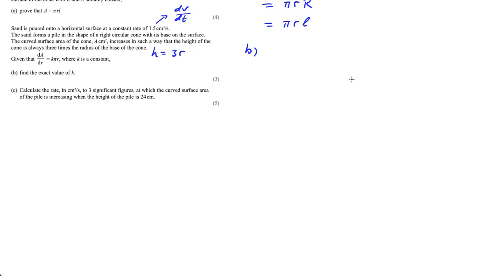So we have a cone here like this. This is a bad cone, but whatever. Now, we know that this height here is 3r, and this length here is just 1r.